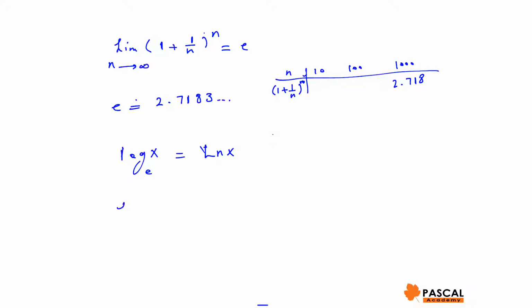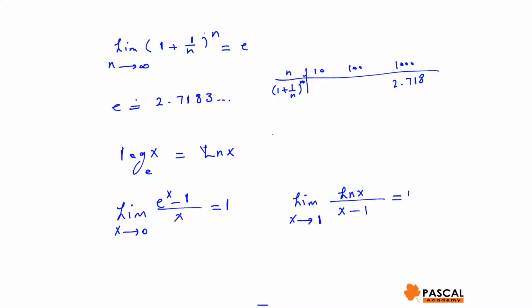Using a table of values, we can see the limit of (e to the power of x minus 1) over x as x approaches 0 is 1, and the limit of ln of x over (x minus 1) as x approaches 1 is also 1.